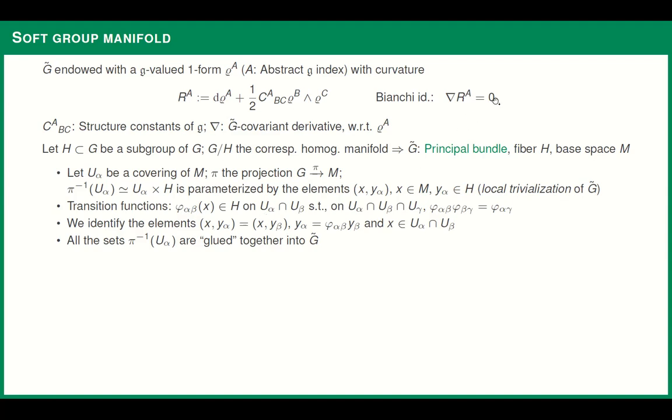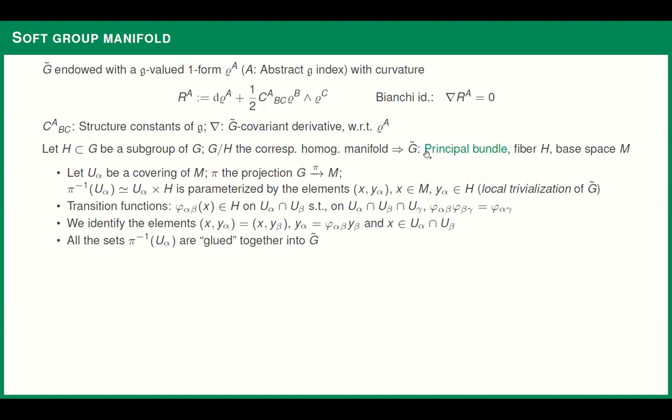No, G tilde is... so we have G, which is the group manifold, and essentially we can see it as coinciding with a Klein geometry, so flat Cartan geometry. Then we soften it, we switch on the curvatures, and so we have G tilde, the soft group manifold.